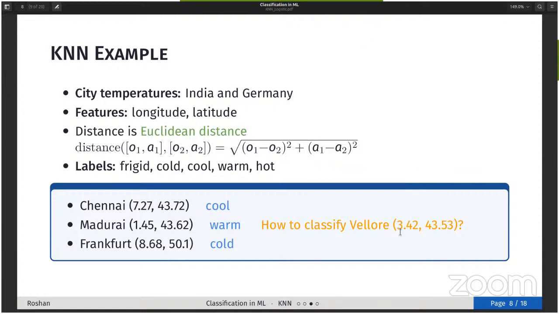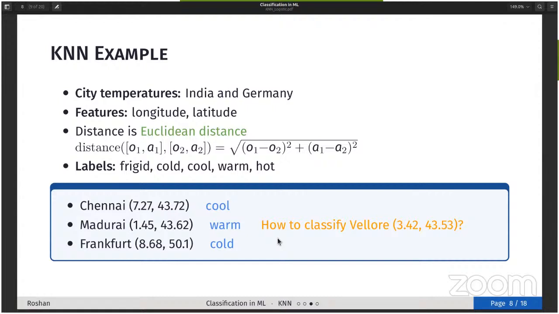Any answers? So you can calculate this distance. All of you can try this exercise. So here it should be 7.27 minus 3.42 squared plus 43.72 minus 43.53 squared. You sum it up and take the square root. That's what your distance will be. And let me know what the label will be.